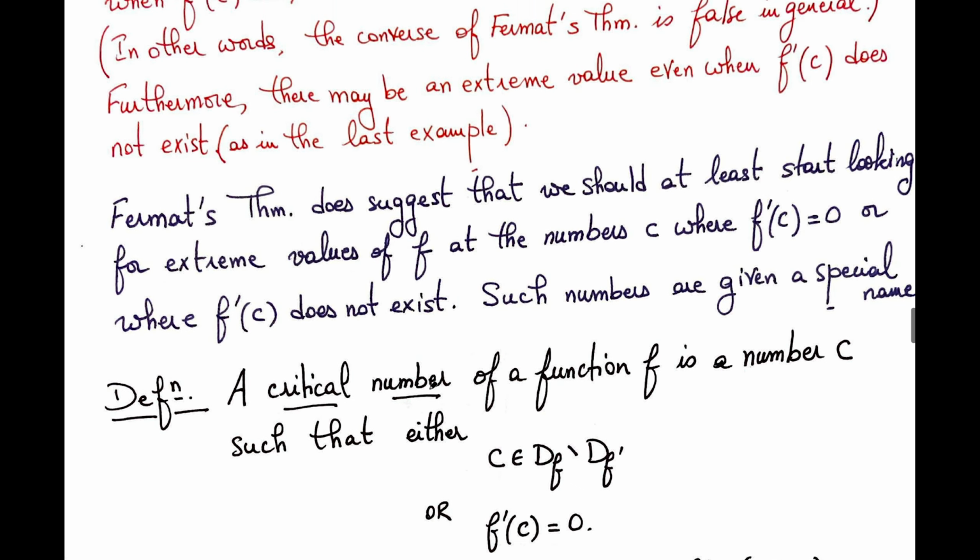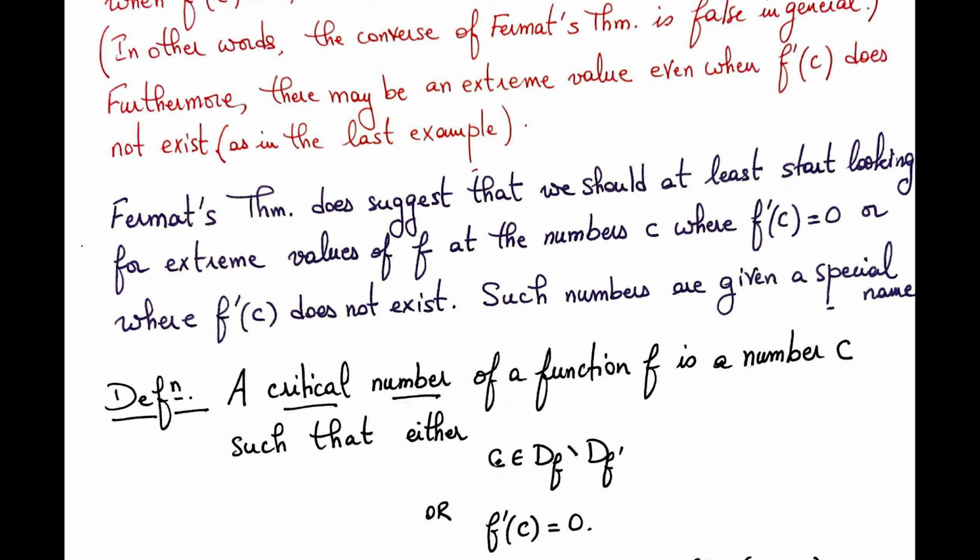So what's a critical number? A critical number is a number c which has the following property. Either c is in the domain of f, but it's not in the domain of f prime. Remember, the domain of f prime is always a subset of the domain of f, right? We said it in class. Domain of f prime is always sitting inside the domain of f.